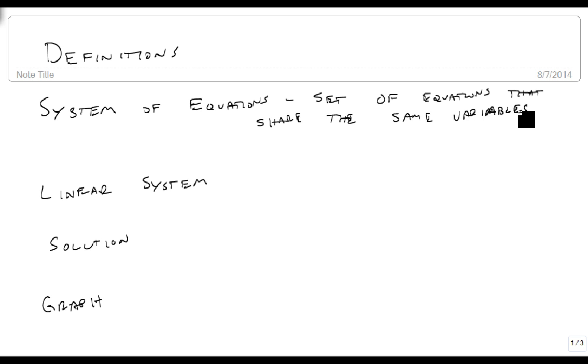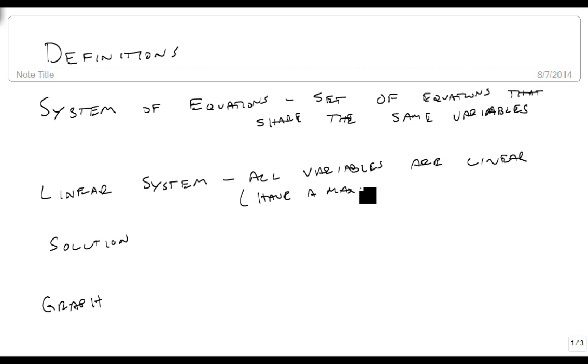And a linear system is a system of equations where all variables are linear, or in other words, have a maximum power of 1. So we have linear systems and we have nonlinear systems. And we'll talk about both of those in this chapter.